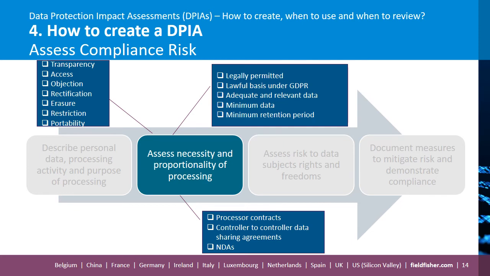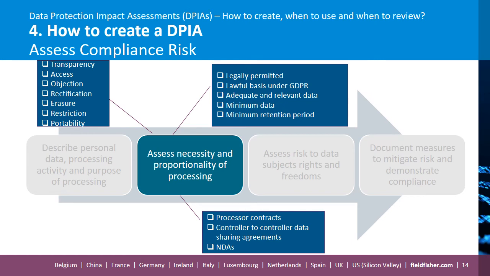Let's now move on to the second step. Once we have identified the points we mentioned earlier and we have established context, it will be pivotal to assess the necessity and proportionality of the processing. In order to assess the compliance risk, we should be asking ourselves a series of questions. For example, is the processing legally permitted? Have we documented the lawful or legal grounds for processing under the GDPR?